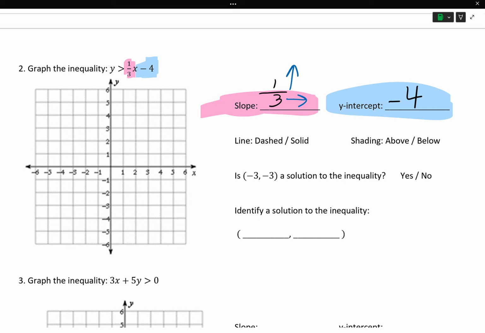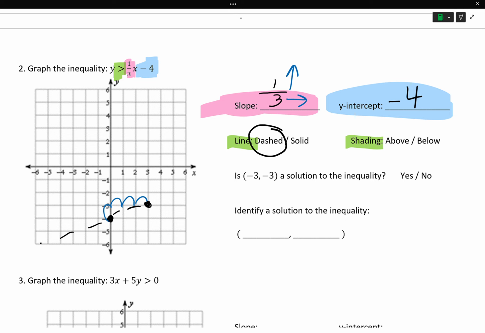All right, let's graph those points. -4 is what we start with, and then we're going to go up 1 to the right 3. Sweet. Now let's decide if we have a dashed or solid line and where we're shading. This symbol here does not have a line underneath it, so it's going to be a dashed line. This is what it would look like.